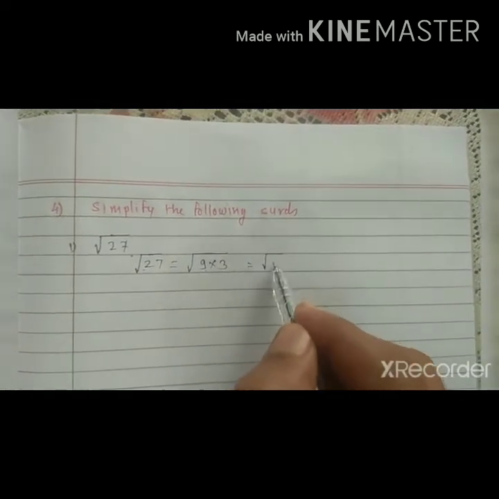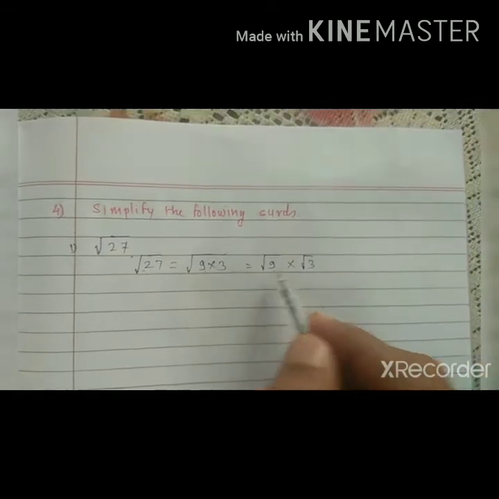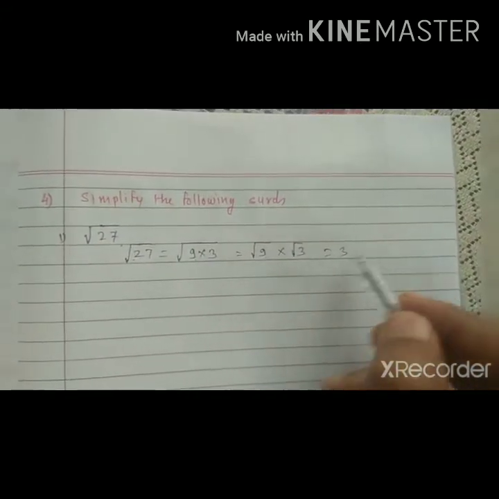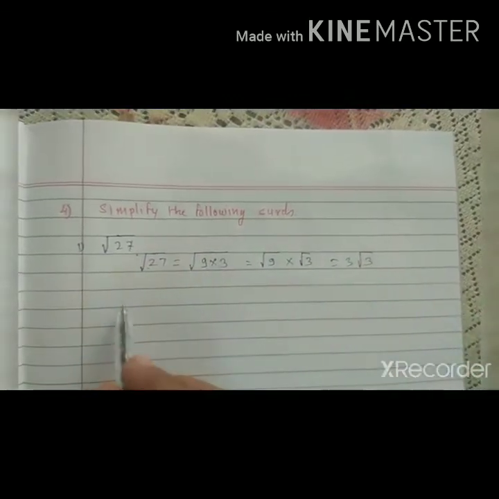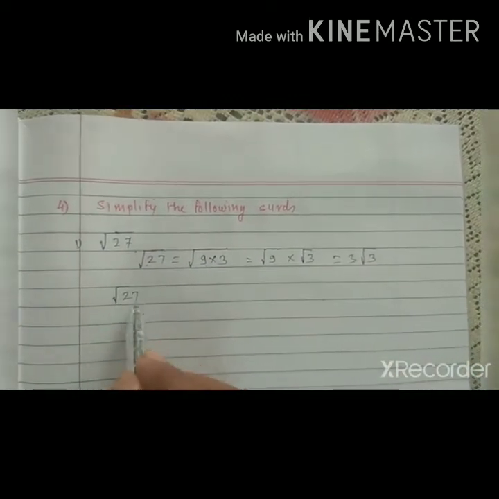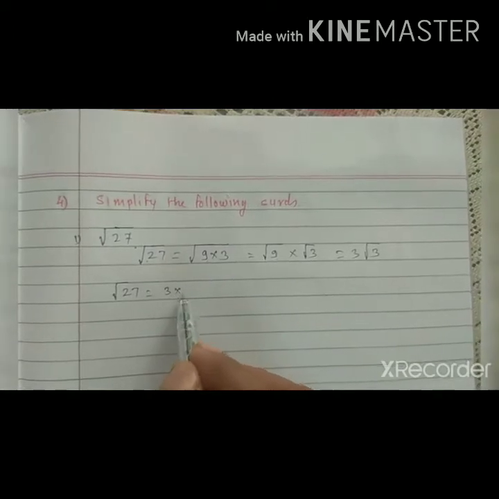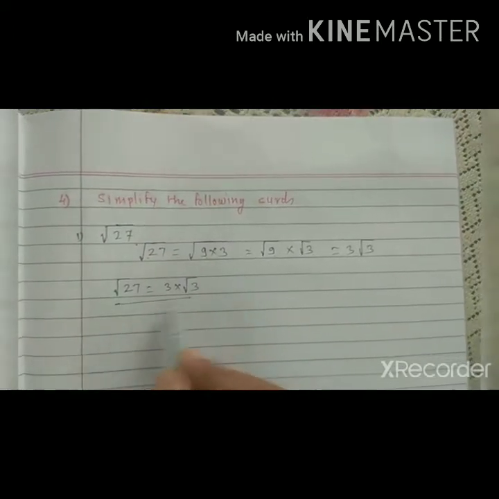So again root 9 into root 3. And root 9 is 3. 3 into root 3. So root 27 is equal to 3 into root 3.